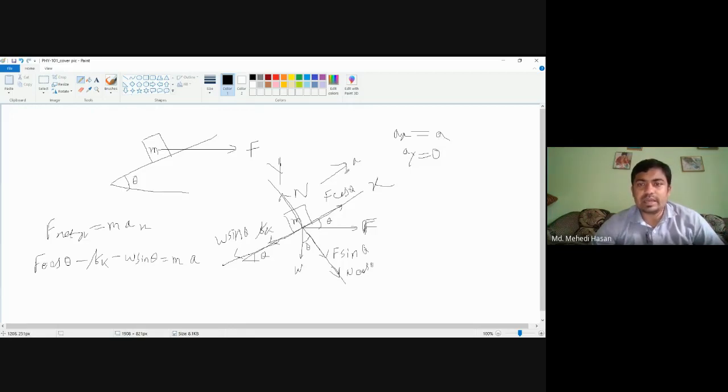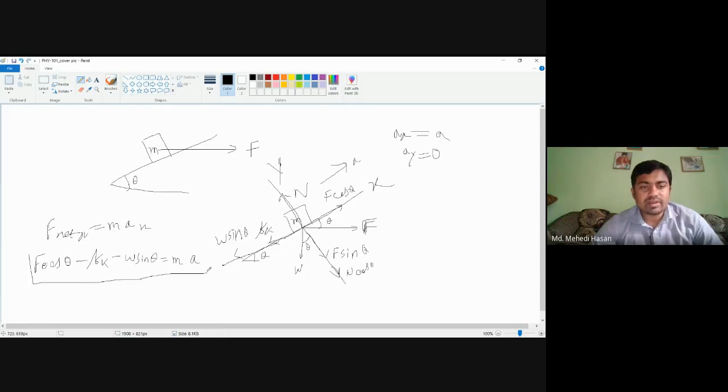Another thing is that you have to write down the sign of the acceleration also. If the acceleration is along the positive x-axis, then the sign is positive, and if the acceleration is along the negative x-axis, you have to write the negative sign. First we consider this acceleration as positive.